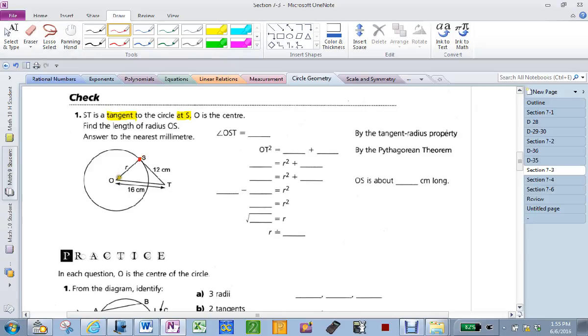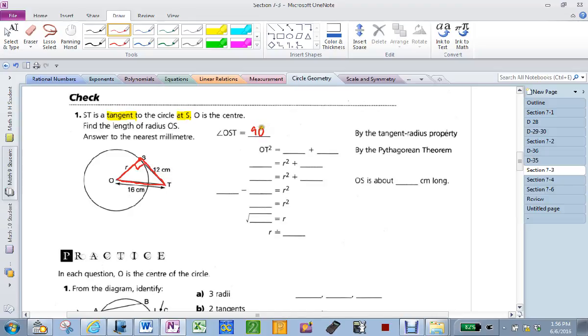If O is the center, a tangent point is automatically a point on the edge of a circle, then I automatically have a radius. Once I have a radius and a tangent, what angle do I have? 90 degrees. Which means I have what very special triangle? A Pythagorean triangle or a right angle triangle.